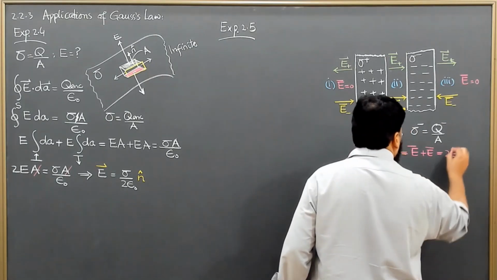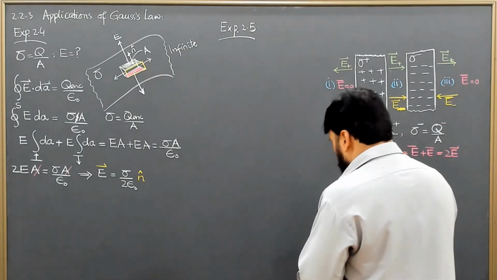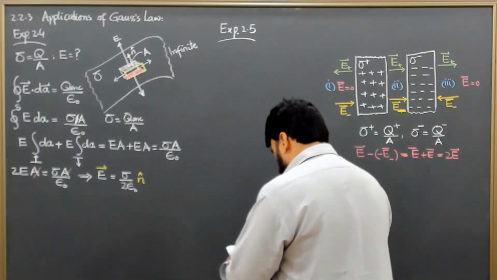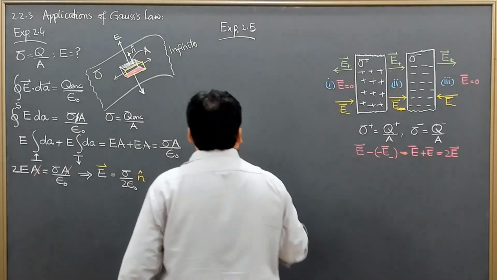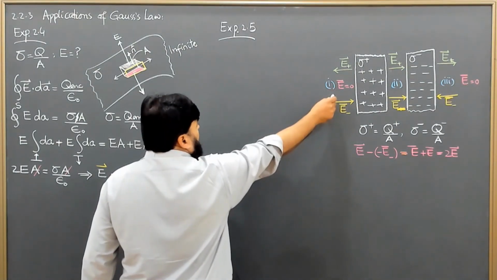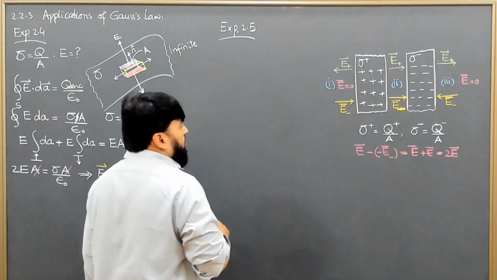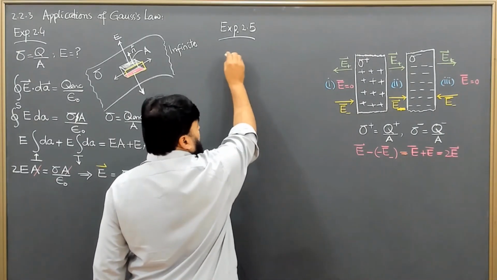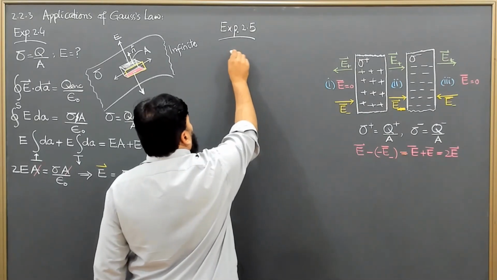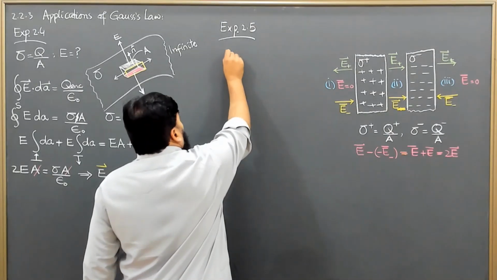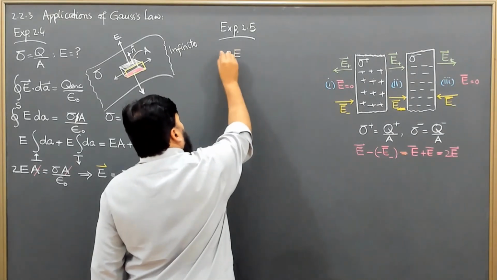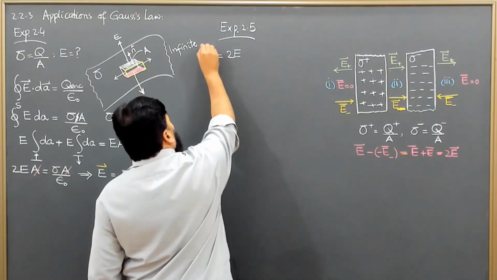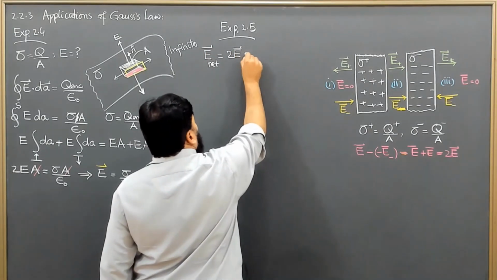The field is 2 times the field of one sheet. So the fields are like this. Now we can write here that in region 1 the field is 0, in region 3 the field is 0, while in between the two sheets we have the electric field equal to 2 times E. I will say the net field is equal to 2 times E.